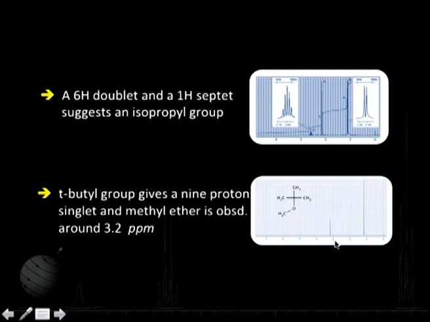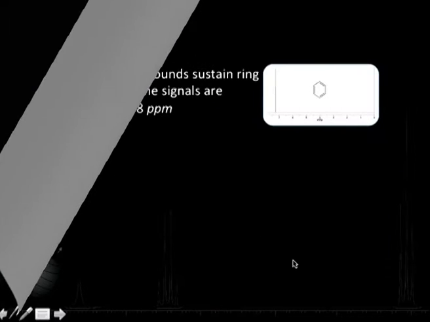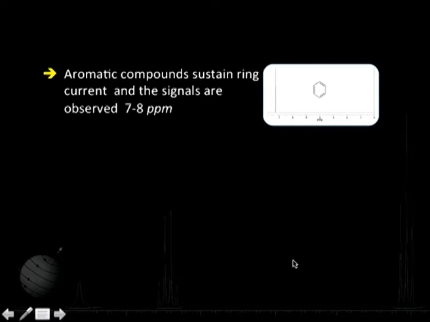Another correlation we established was with this molecule, where we showed that the tertiary butyl group gives a 9 proton singlet. It is a very typical signal for that. A 9 proton singlet is typical of tertiary butyl group, and also we showed that an O-methyl group comes around 3.2 ppm or so. Another thing we showed was that in case of aromatic molecules, the aromatic ring sustains a ring current, and as a consequence the signals are observed highly downfield, between about 7 to 8 ppm.